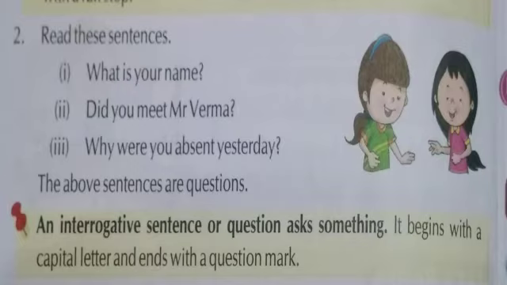It begins with a capital letter and ends with a question mark. So you must remember this. A question sentence asks something. If we have to ask something, we use a question sentence that is called interrogative. We interrogate through that. And it begins with a capital letter and ends with a question mark.